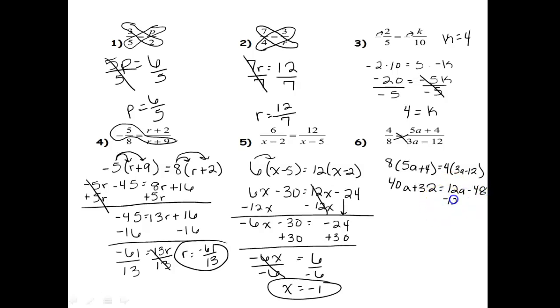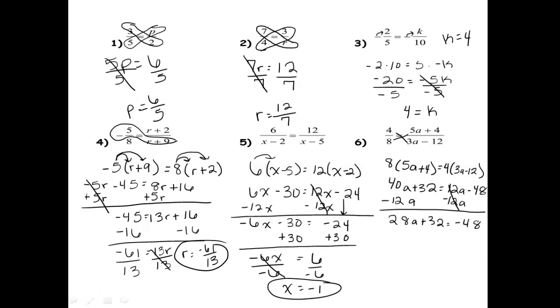I'm going to subtract 12a from both sides, and I get 28a plus 32 is equal to negative 48.